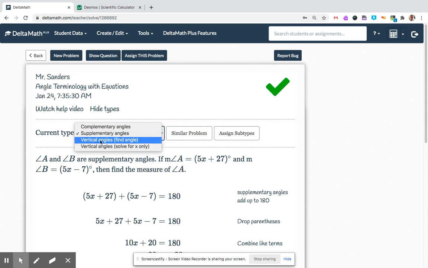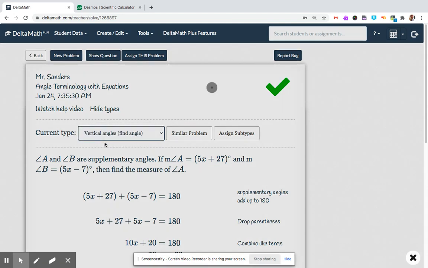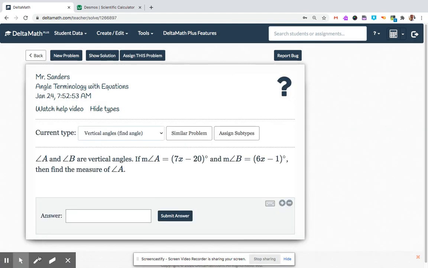Vertical angles, find the angle, solve for x only. Let's go ahead and move to vertical angles. Do you remember what vertical means? It's really important that you have some sort of bearing on it. Vertical means that when two lines cross, the angles across from each other are matching.